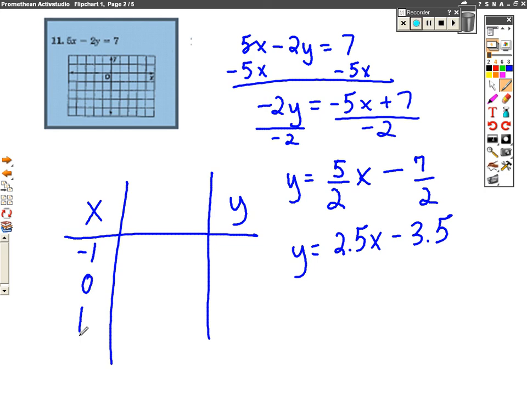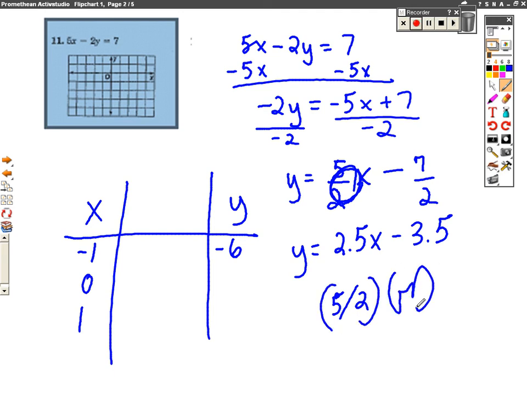And then on my calculator, I'm going to do 2.5 times -1, and then minus 3.5, and you end up with -6. Again, if you were using the fraction form on your calculator, you'd make sure you do 5 divided by 2 in parentheses times -1 minus, and then in parentheses 7 over 2.